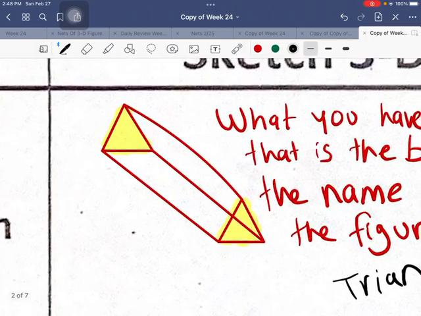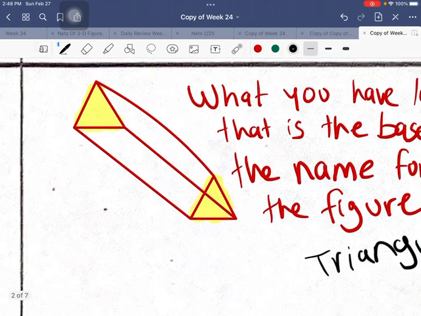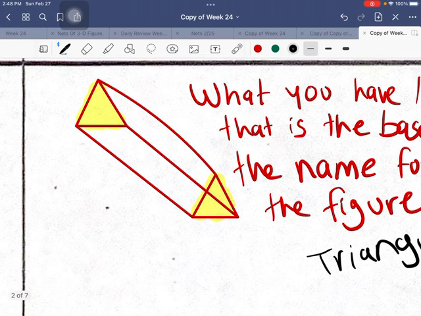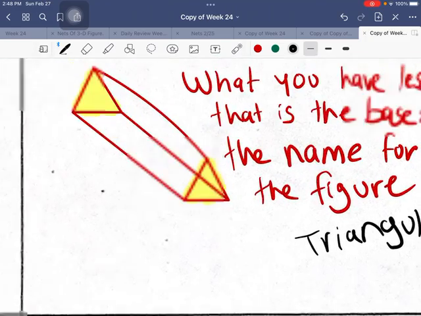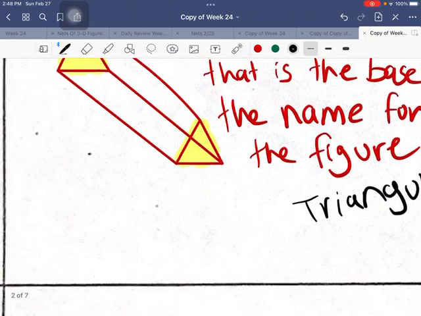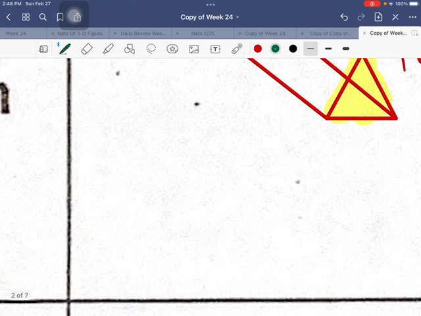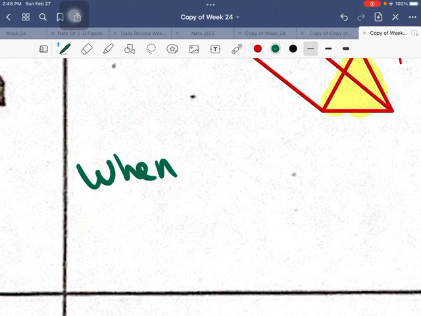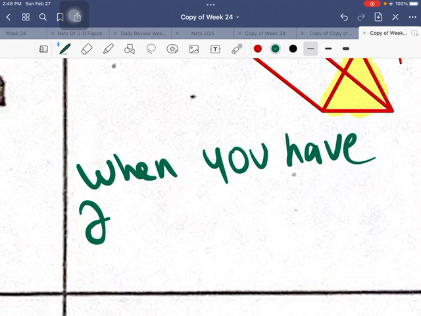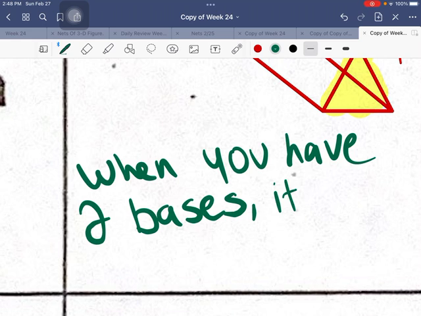Ahora, whether it's a prism or a pyramid, I'm pretty sure you can visually see that it's not a pyramid, not exactly. And another little note that I want you to do is when you have two bases, it is a prism.